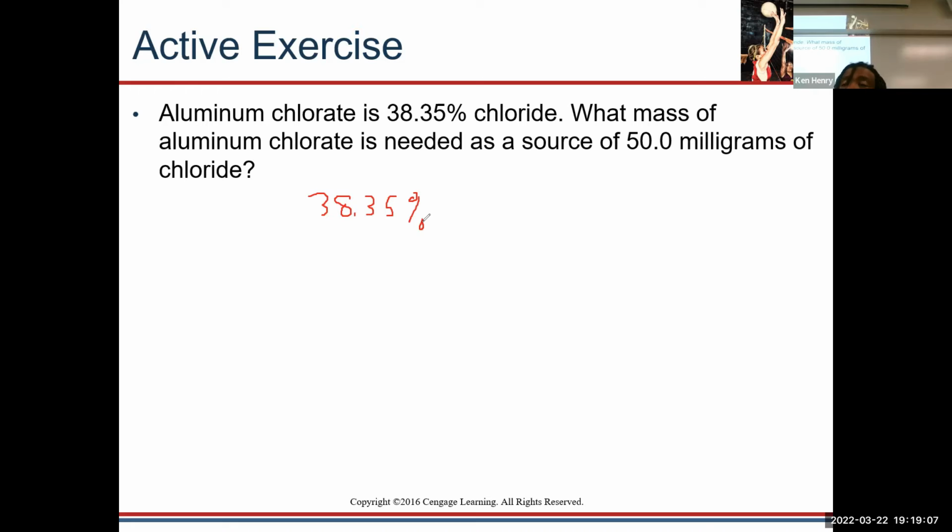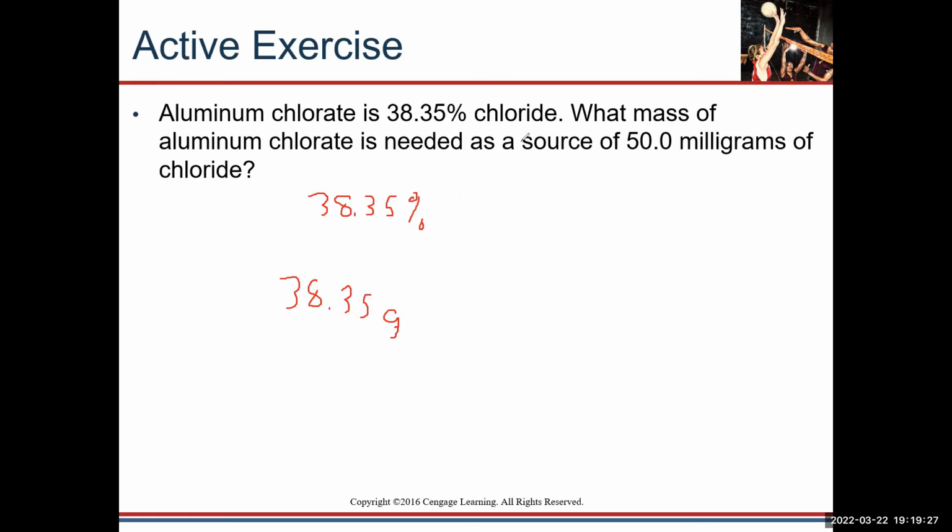So if we assume that we had 38.35, and we just say milligrams to make things interesting, that means I'm starting out with how many grams of aluminum chlorate? No, that's how much chloride I have.